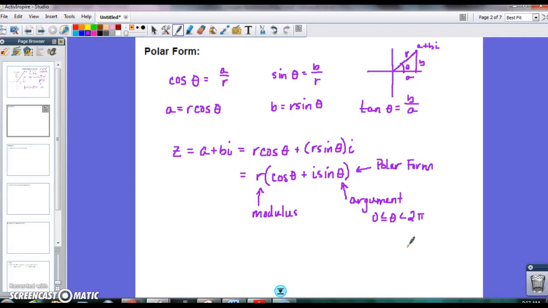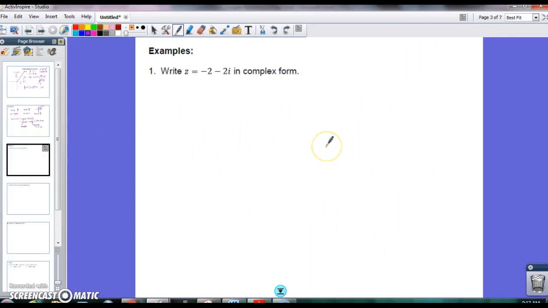Okay, so let's do a couple of examples. The first example is, let's write this complex number in polar form. That should say polar form, not complex form. Sorry about that. This is already in complex form, and I want to write it in polar form.